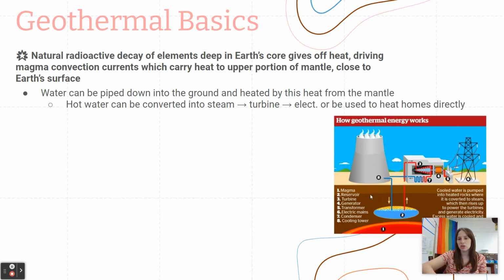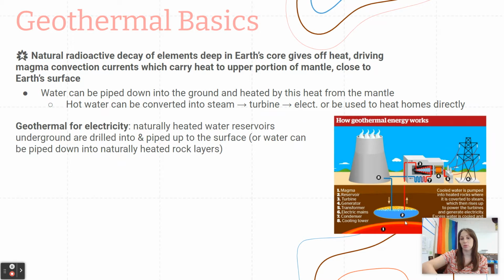Now, this shows you a diagram right here. Down here is going to be Earth's core with the hot magma. What we naturally have are these reservoirs right here, which are natural reservoirs of water deep in the ground. And so when you're getting the heat, this is going to create steam. Now we are able to pipe down and get pipes to bring that steam up.